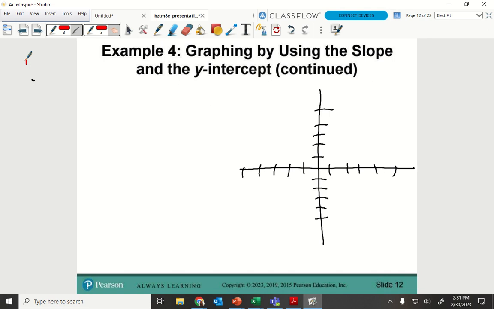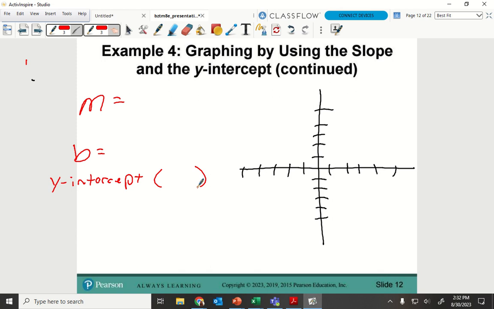My things I have to identify: my slope, m, and my y-intercept, which is also my b. From the problem that I just did, on the previous page, what is my slope?